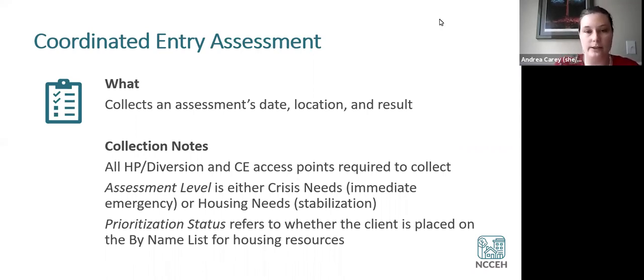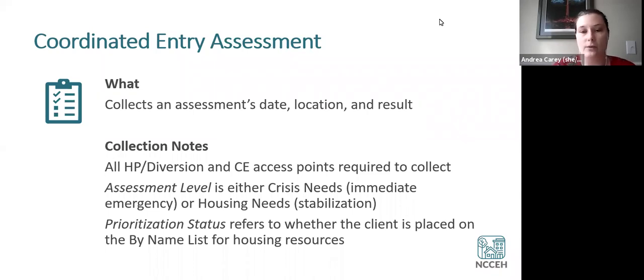And this is really about collecting and just recording that that assessment took place. So folks are already conducting these assessments, and now we have a different way to record that that took place, and a little bit of additional information about that, including assessment level.